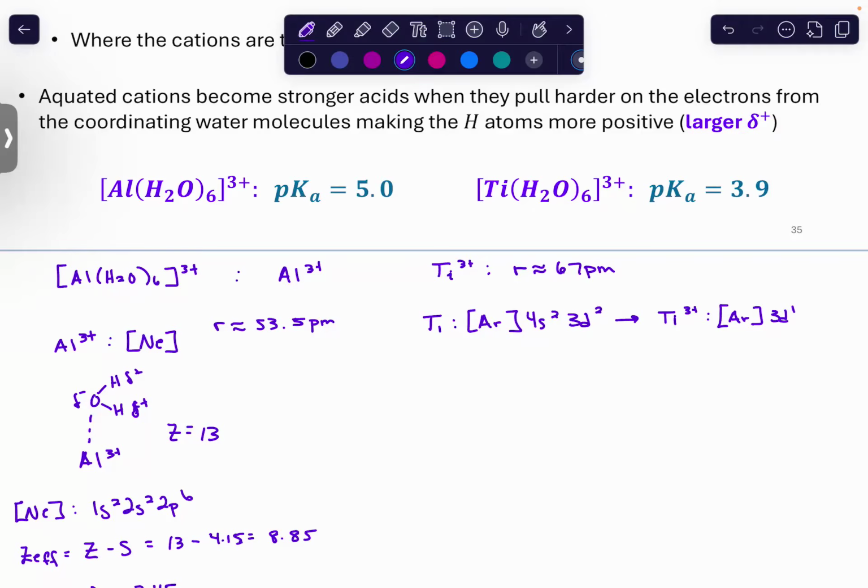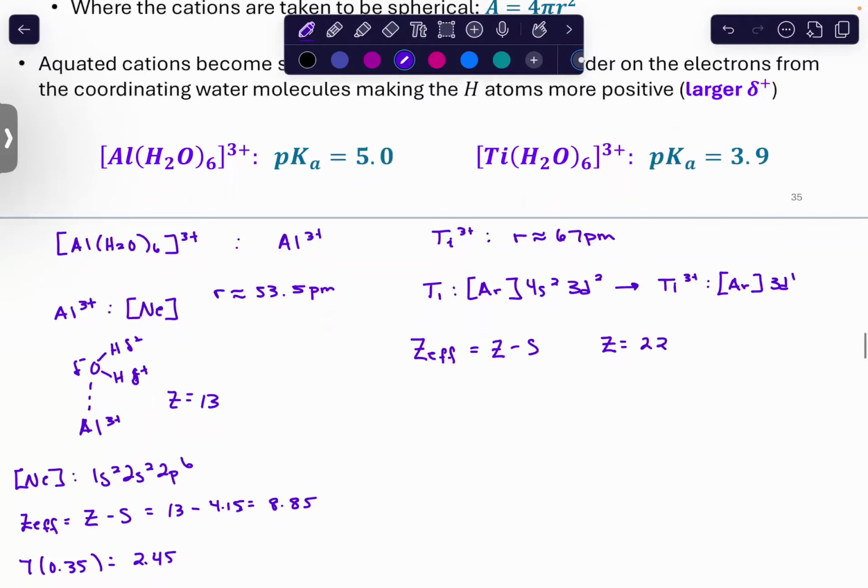Let's look at Z effective for titanium. Z is 22. Okay, so if we think about the shielding of that 1 electron in the D shell, we would have to look for electrons in there.